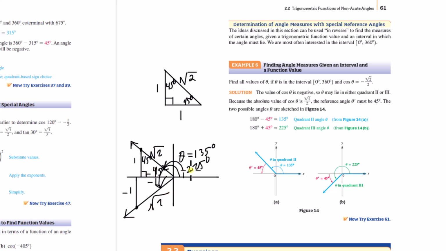So cosine of 225 also has a value of minus root 2 over 2. So the answer here is theta could be 135 or 225. There are more values, but we're restricted to between 0 and 360. Okay, so let's work some example problems.